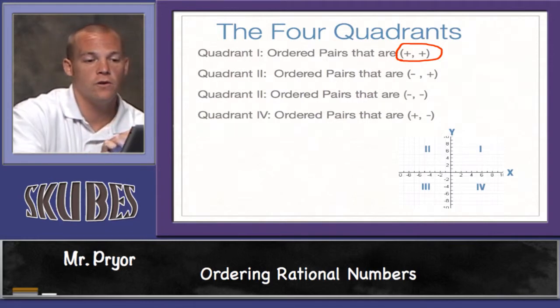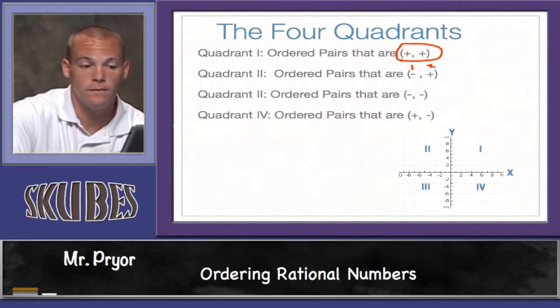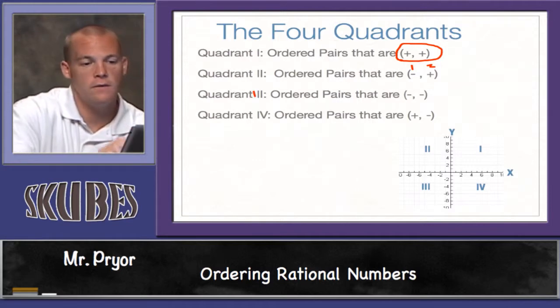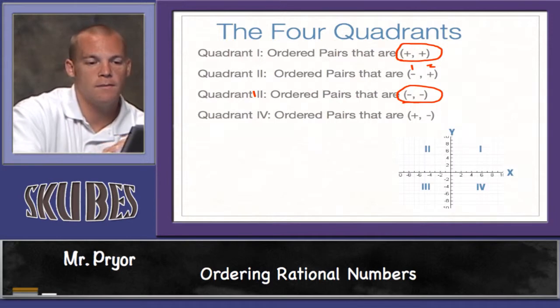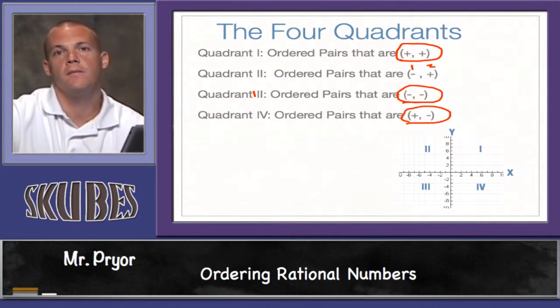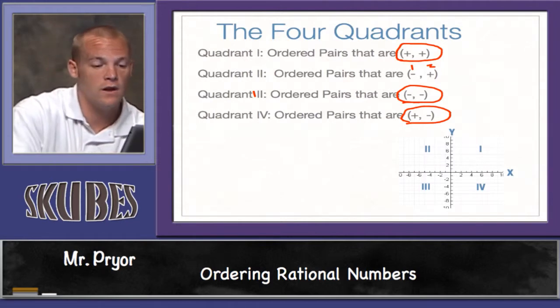When the two numbers are a negative first and then a positive, they're always going to end up in quadrant 2. Then quadrant 3, we have a negative and a negative. And then quadrant 4, we have a positive and a negative. So those signs show what the sign of the numbers has to be in order to fall in those particular quadrants.